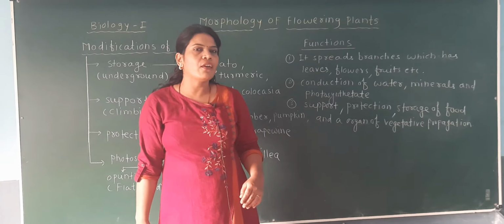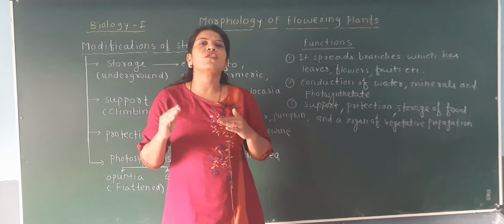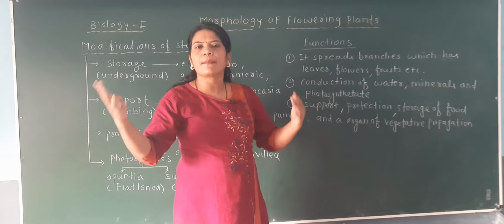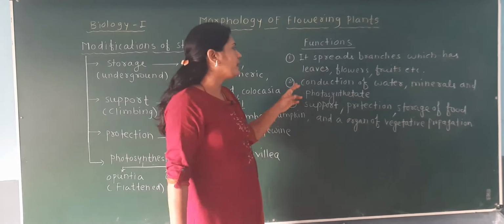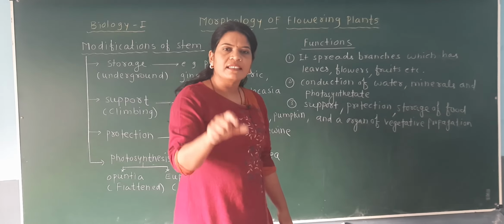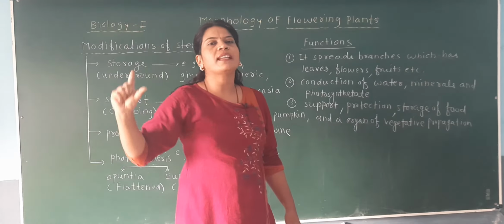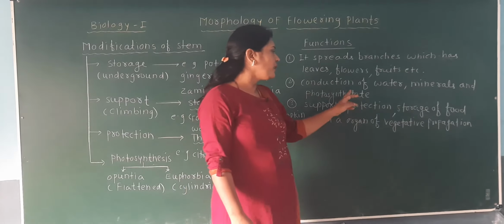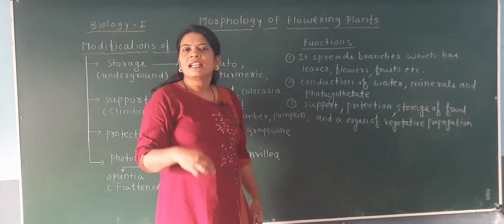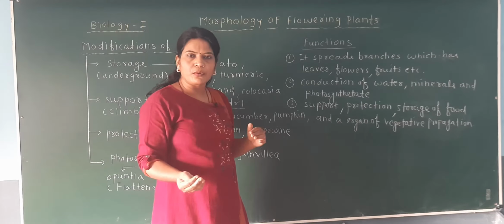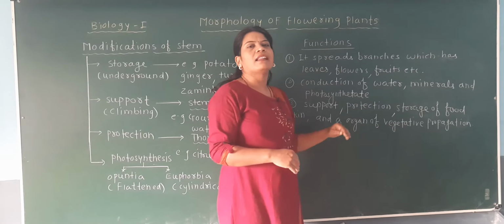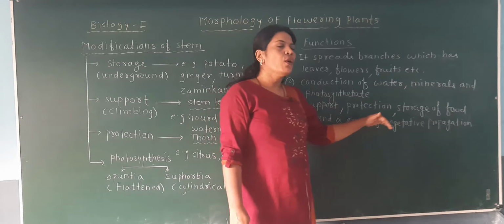In detail we will discuss it later on, but you should know the major functions of the stem, that it spreads its branches. आपल्या branches तो पसरतो की ज्या branches वर तुम्हाला leaves, flower आणि fruits पाहायला मिळतात. रूटनं जे काही वॉटर मिनरल्स कंडक्ट करून ठेवलेलं आहे स्टेमच्या बेसला, ते स्टेमच्या बेसकडून स्टेमच्या पूर्ण सगळ्या पार्टला वॉटर मिनरल्स आणि फोटोसिंथेसिसमध्ये तयार होणारं ग्लुकोज सप्लाय करण्याचं काम स्टेम करतं. It has additional functions like it gives support to the plant, it gives protection to the plant. When the stem is present underground it stores the food as well as it also acts as a vegetative propagation organ.